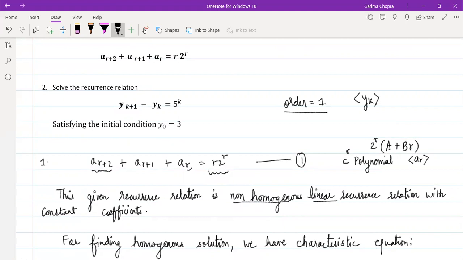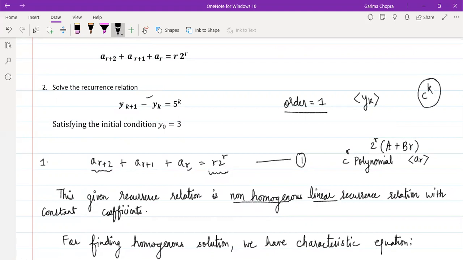And this is again a linear recurrence relation, and the coefficients are again constant. Here the coefficient is 1 and here the coefficient is minus 1. And this is non-homogeneous, and the right hand side is 5 raised to power k. So this right hand side has the form c raised to power k.